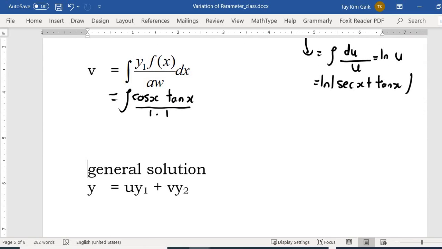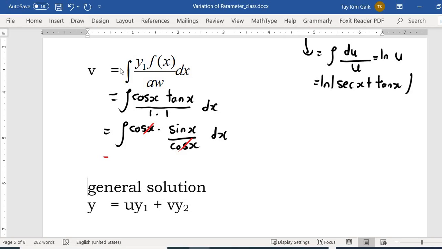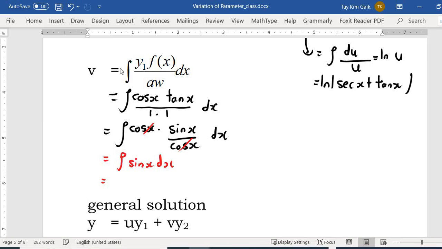So tangent x you change to sin over cos, so tangent becomes sin x over cos x, and then you can cancel out the cos x. This time you just have a simple integration. You integrate sin x dx, and the integral of sin is negative cos x, plus b.